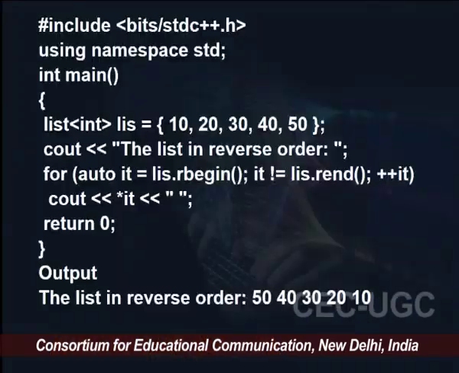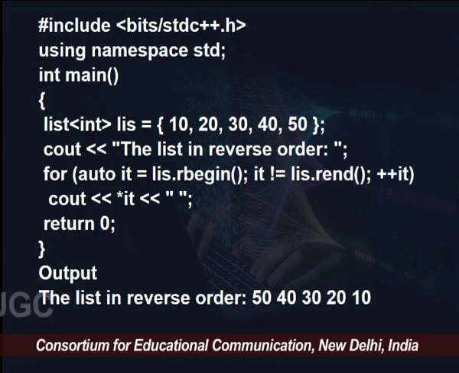We can see the functionality of rbegin with the help of the program given in int main. We have initialized a list named lis, with the integer data type and the list as the container, and it contains 5 elements: 10, 20, 30, 40, 50.